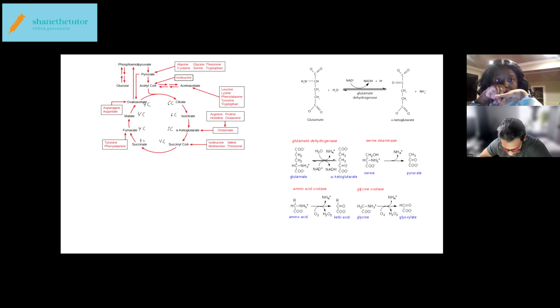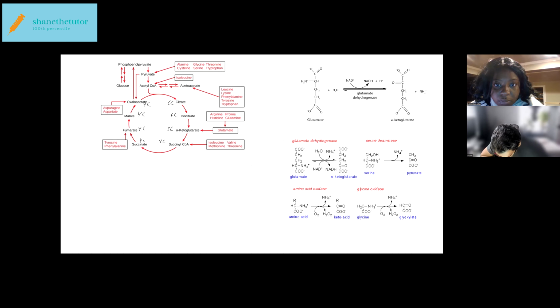So glutamate has five carbons, so that's why it would enter into alpha ketoglutarate, whereas serine has three carbons, and that can enter in as pyruvate, which is three carbons.